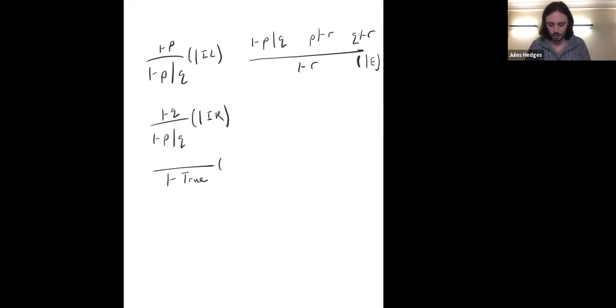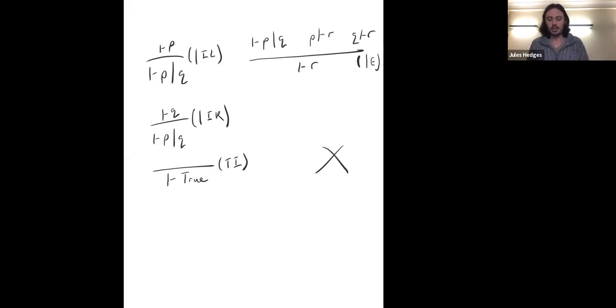So this is true introduction. And there is no elimination rule for true because the knowledge that true doesn't actually tell us anything that we didn't already know. So here there is nothing.